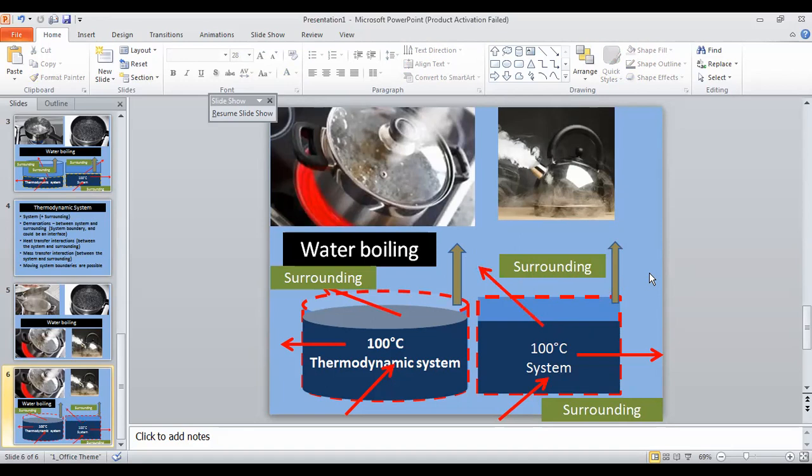So heat transfer, I will take from the system boundary to outside. Like this. So similar application, but completely a new system.